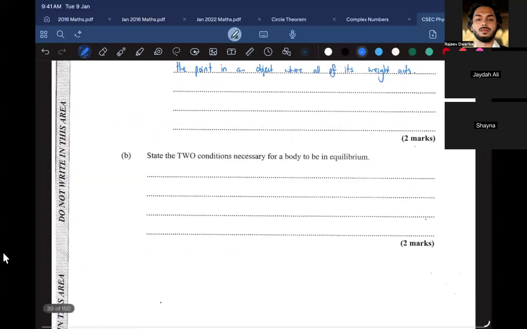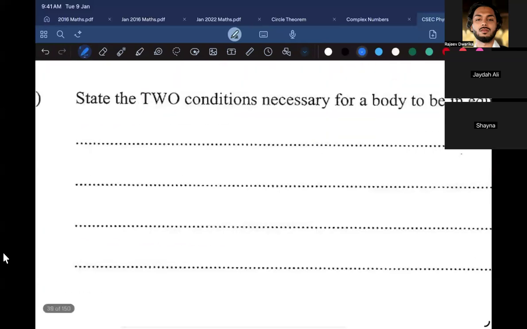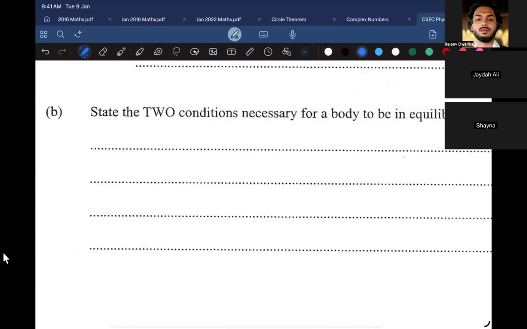Yes. Right. Okay, state two conditions necessary for a body to be in equilibrium. For a body to be in equilibrium, the upward forces must be equal to the what, Jada? The downward forces. Right.